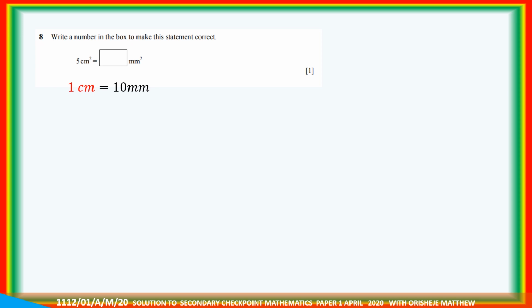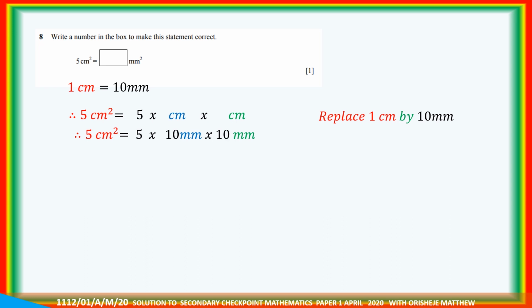So 5 cm square is the same thing as 5 times cm times cm. In the place of each cm, replace it with 10 millimeter. So you have 5 times 10 millimeter times 10 millimeter. So you multiply out 5 times 10 times 10, that will give me 500. Then millimeter times millimeter will give me millimeter square. So what we need in that box there is 500.